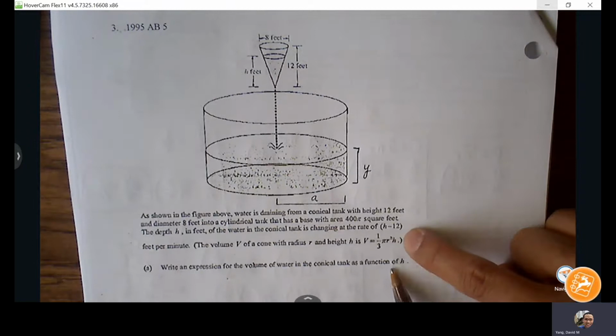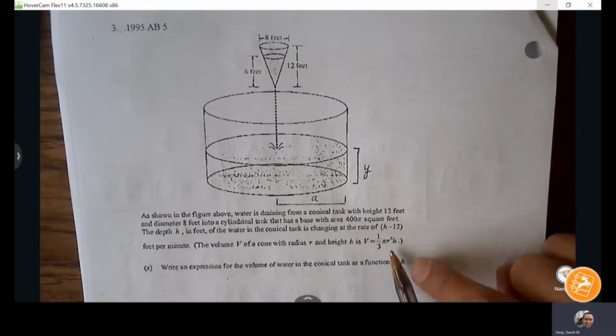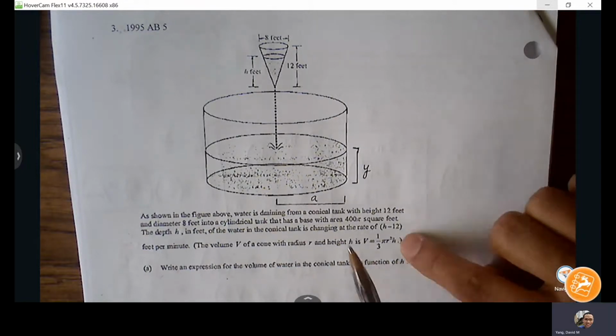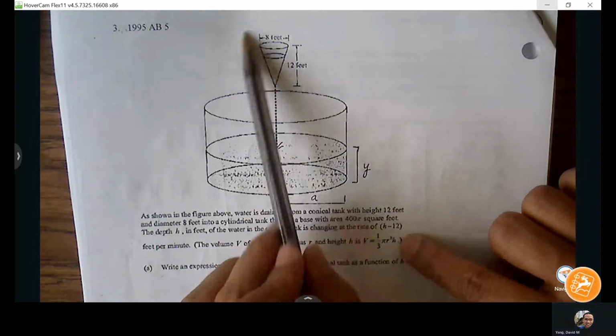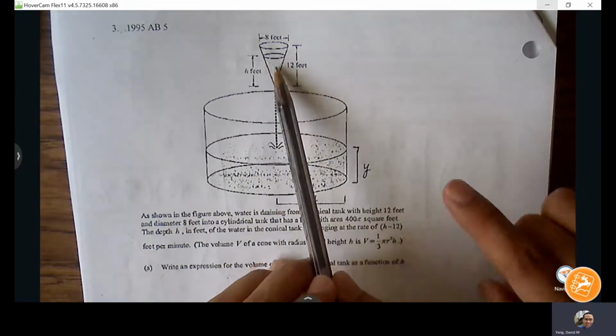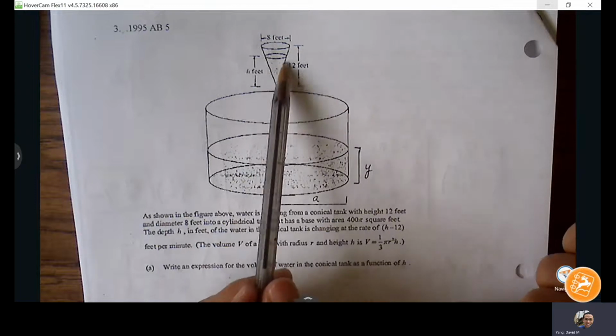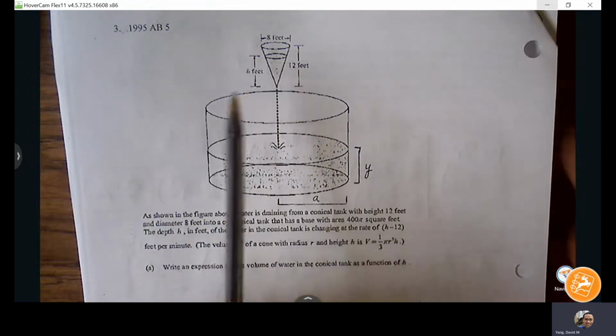So here it's basically telling you which variable to replace. It's telling us, okay, let's just get rid of r, and we're just going to get our volume equation in terms of h. Okay, but we know with cones that we have to build that relationship, right? We can't plug values in for r and for h for water in the tank because it's constantly changing.